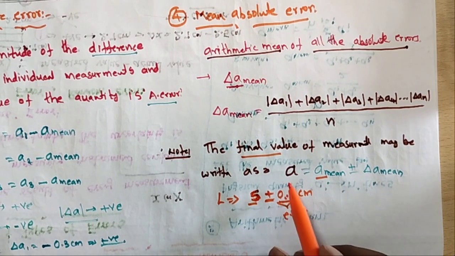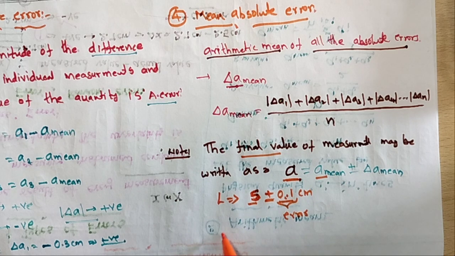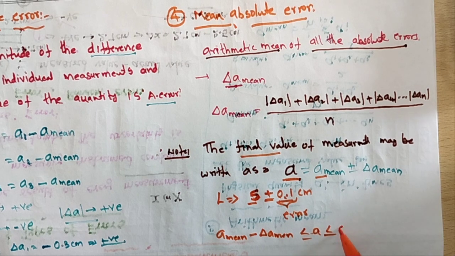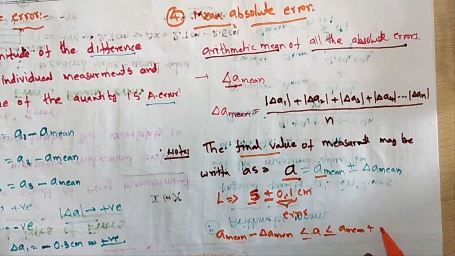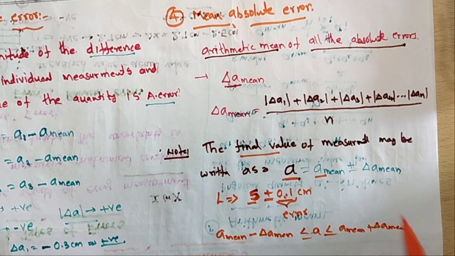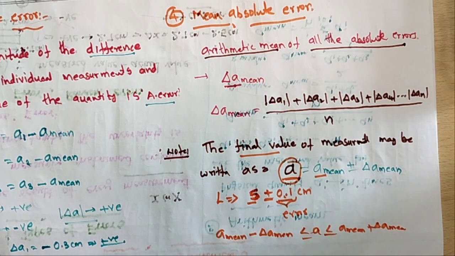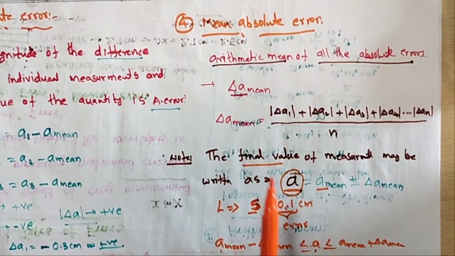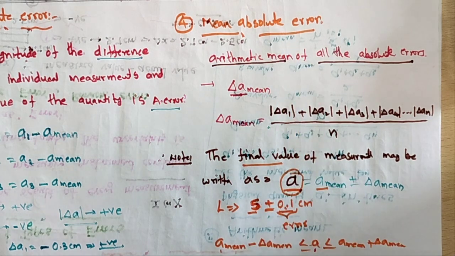So the value a is always between a mean minus delta a mean and a mean plus delta a mean, that is, a mean minus delta a mean is less than or equal to a, which is less than or equal to a mean plus delta a mean. This is called the mean absolute error.